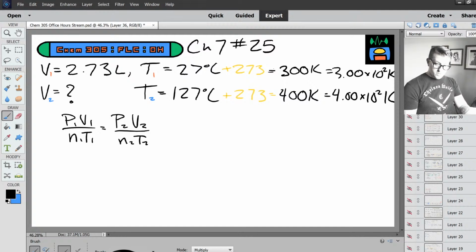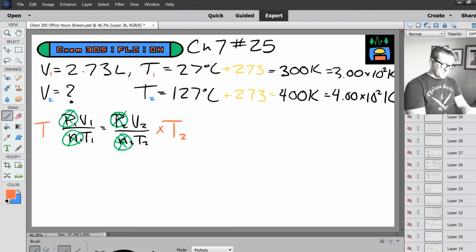So pressure cancels, moles cancel, and now we need to solve for our final volume, so we should multiply both sides by our final temperature.